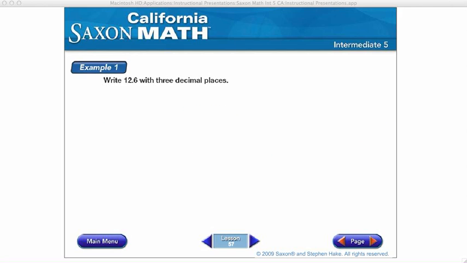Okay, so when it asks us to write 12.6 with 3 decimal places, you'll write 12.6 and then add on 2 more zeros so that you have 1, 2, 3 decimal places. Now as a quick review, let's remember that this is the tenths place.